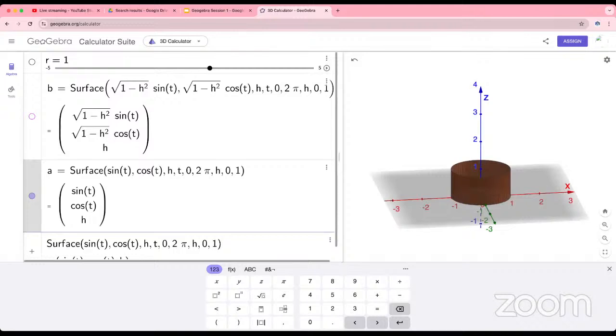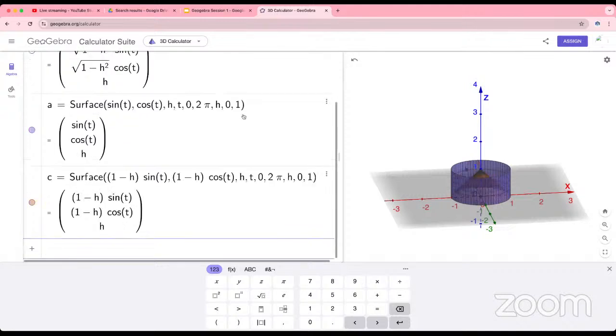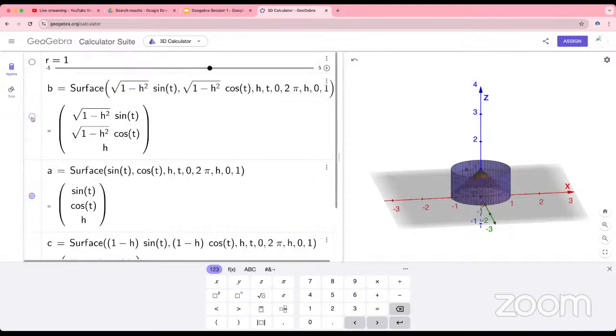They all are very similar to each other. It's circles stacked on each other, except the radius is getting changed. That's it. So you have a hemisphere, a cylinder, and a cone defined in a parametric way.